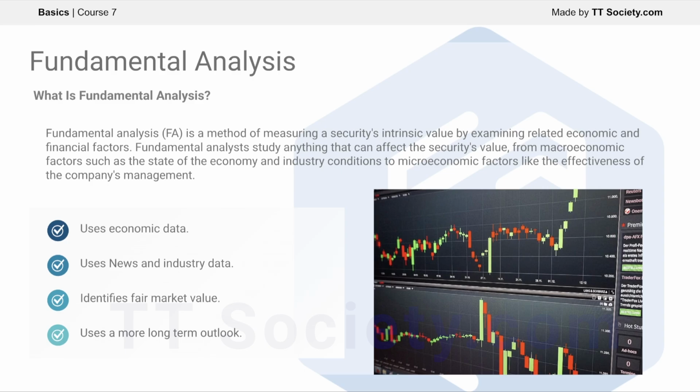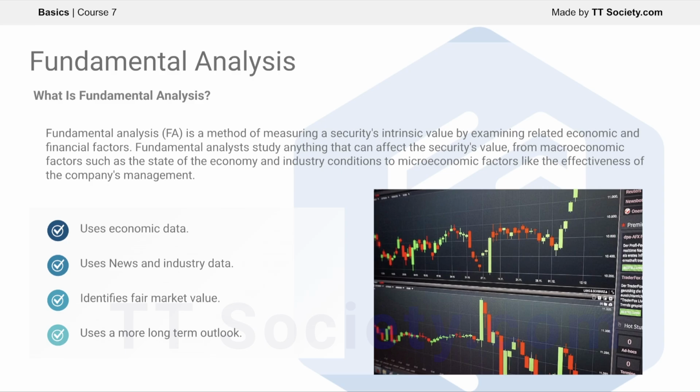And the fundamental analyst studies anything that can affect the security's value, from macroeconomics to the state of the economy, conditions within the industry, microeconomic factors like the company's effectiveness, like how's their management? Are there any bad news about this company? Right? So he uses all of that to make an informed decision.